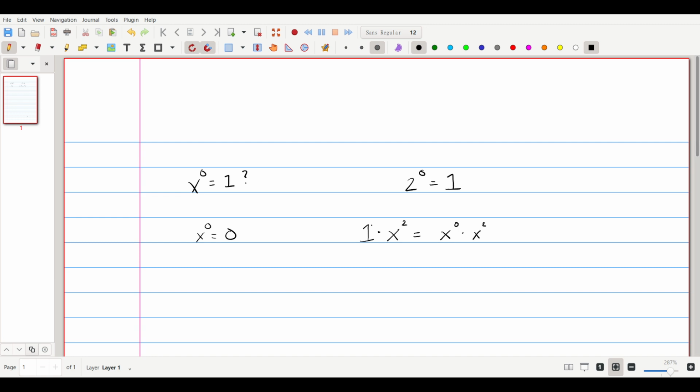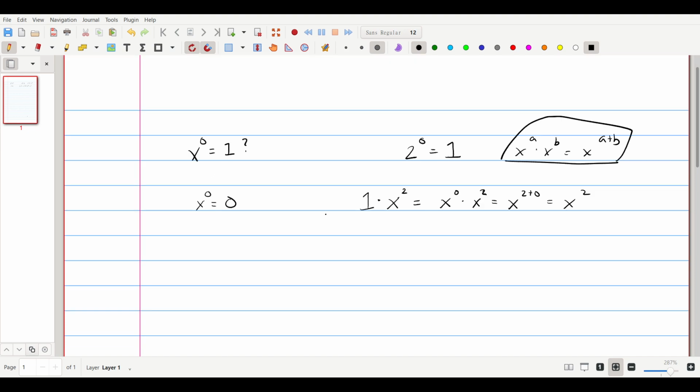And now, what does the product rule tell us to do when we're multiplying two exponents with the same base? Well, it tells us to add them, right? And so notice we get back to x squared without the 1. So that one works if x to the 0th power is 1. This still functions. The x to the a times x to the b, this is still x to the a plus b. This rule still works, and we want all our rules to work. We can't have them not work sometimes.